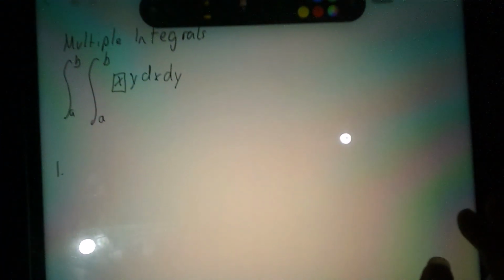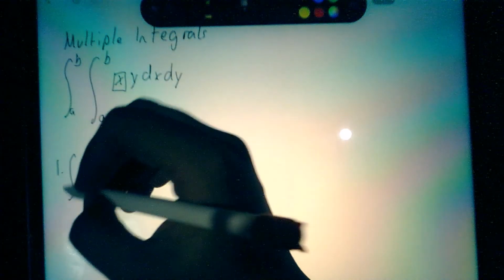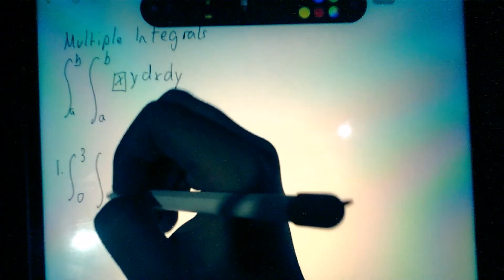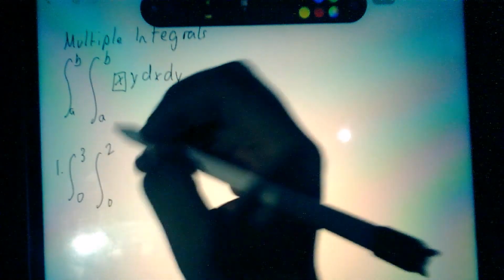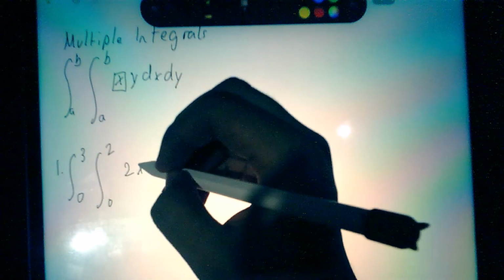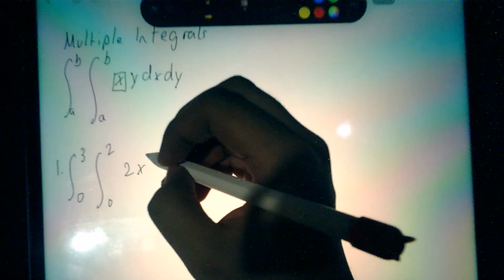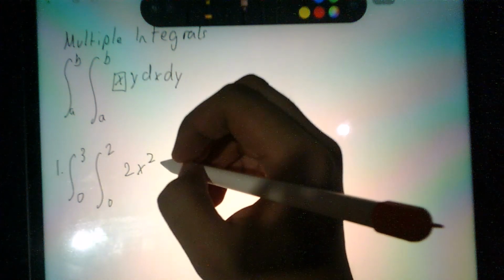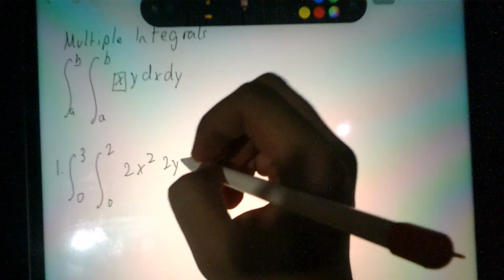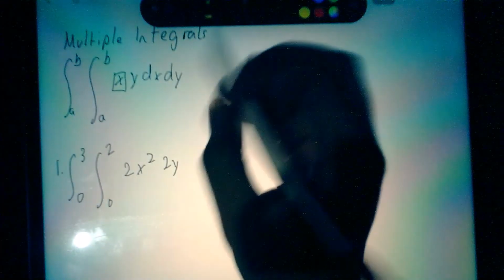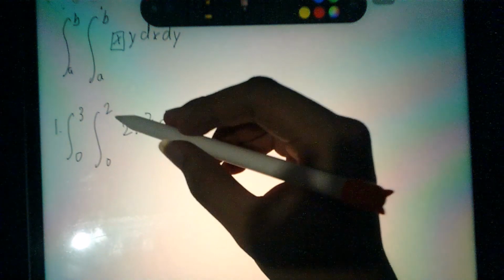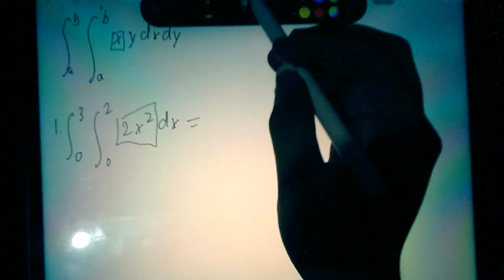Now let me give you an example here in order for you to understand more. And let's say here the integral of 0 to 3 and 0 to 2, let's say just 2x squared dx.